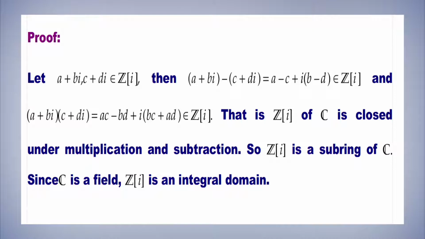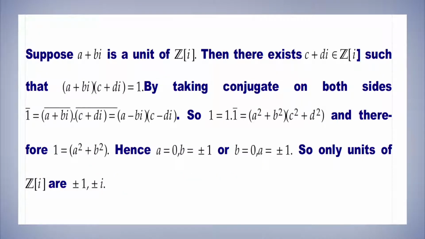Since C is a field, Z[i] is an integral domain. Suppose a + bi is a unit of Z[i], then there exists c + di belonging to Z[i] such that (a + bi)(c + di) is equal to 1. By taking conjugate on both sides, the conjugate of 1 equals (a + bi) conjugate times (c + di) conjugate, which is equal to (a - bi)(c - di).